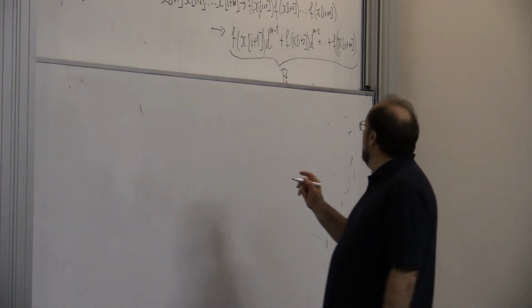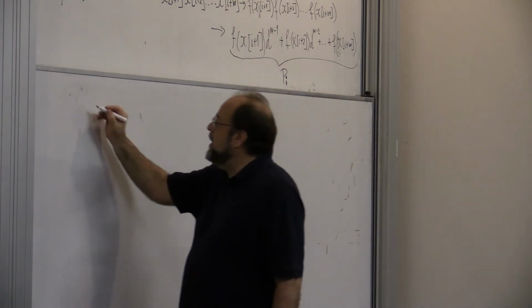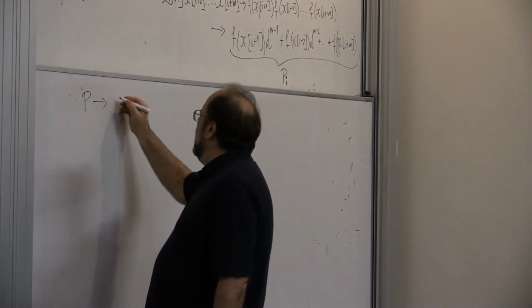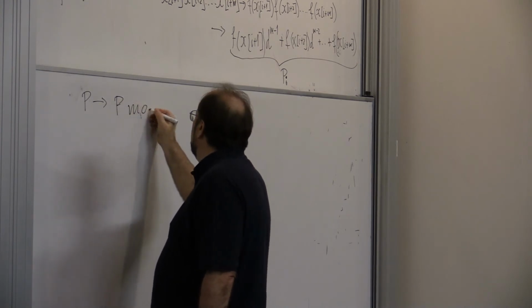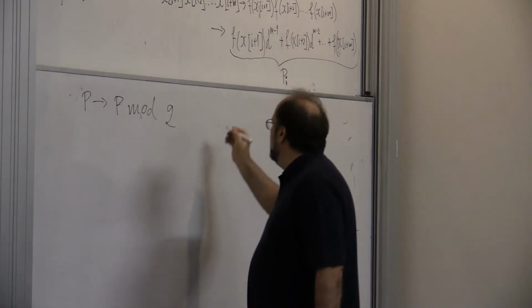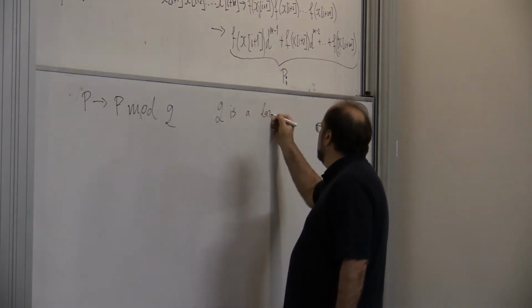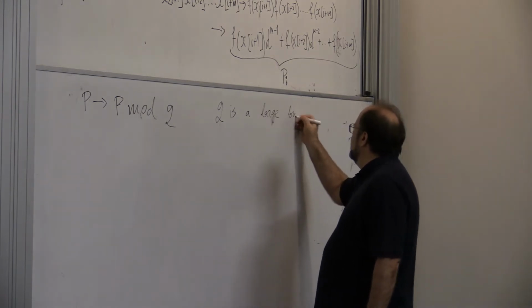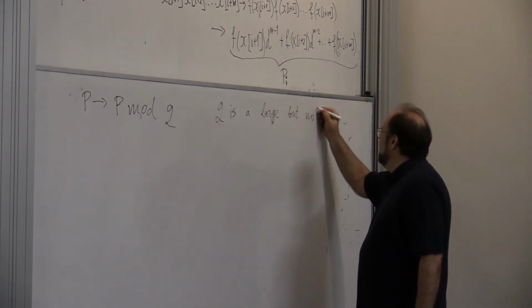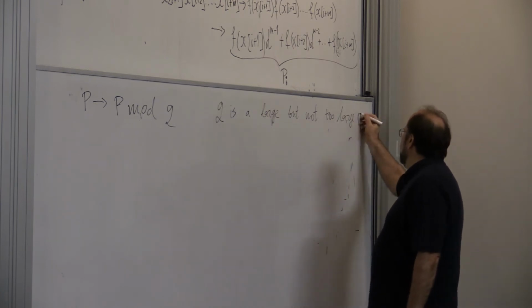So we will now map number p into p mod some prime q. So q is a large but not too large prime.